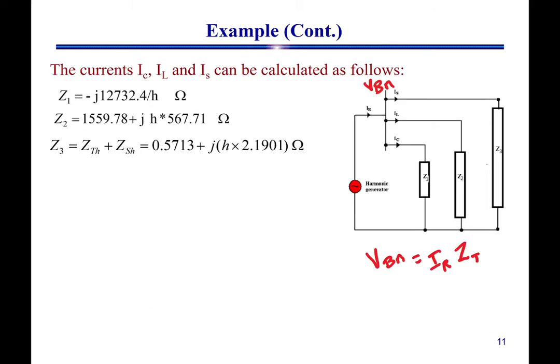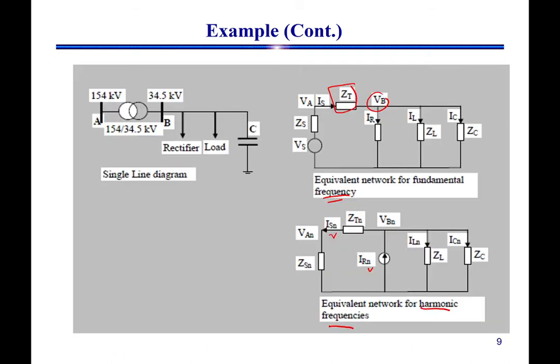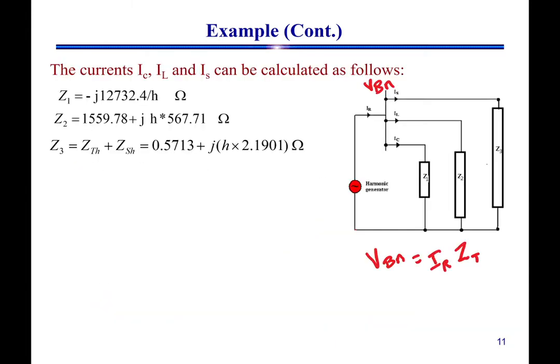So if we have the fifth harmonic, of course, what will be our circuit? If you remember from the circuit, what we have over here is a current source, load impedance, capacitor bank, and then the transformer and the source impedance connected in series.